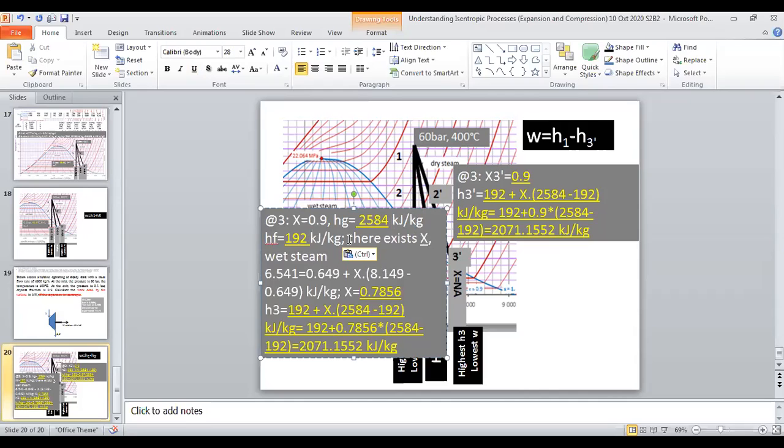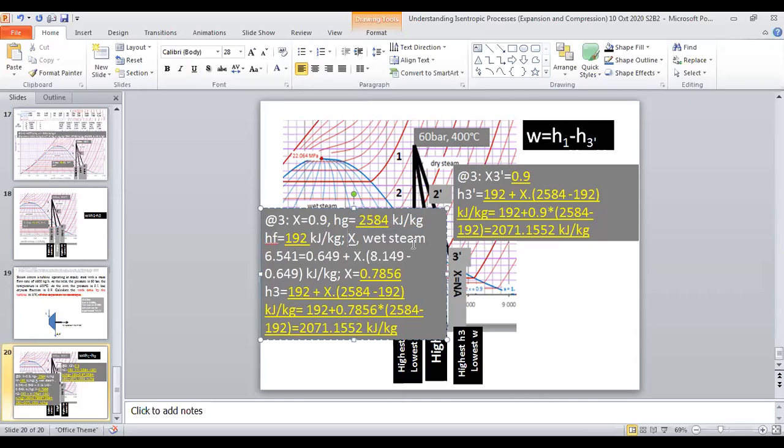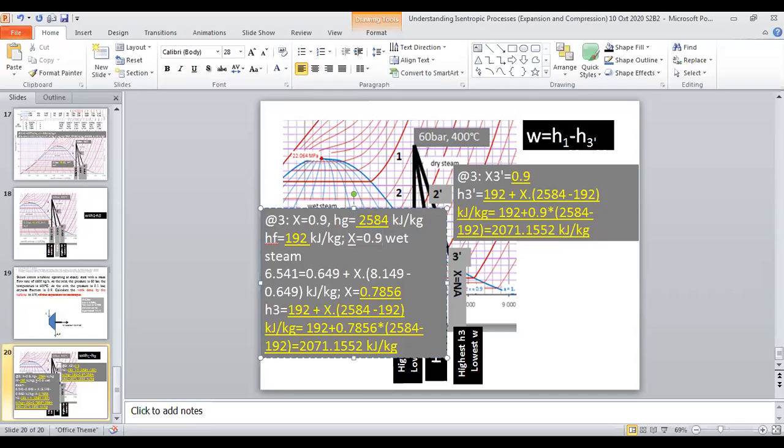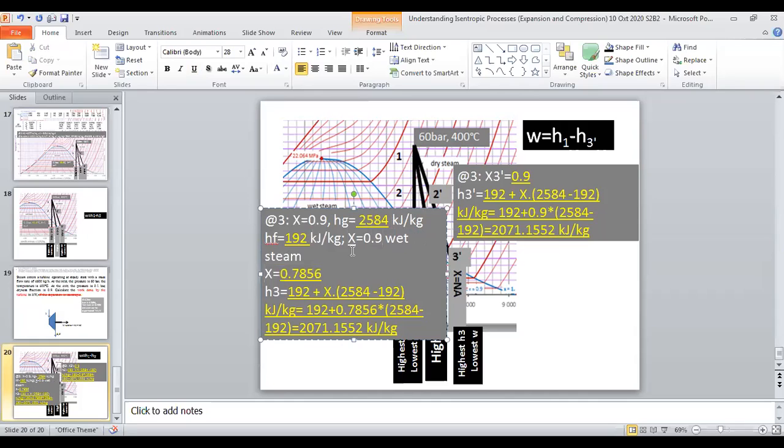With steam, you have the X value given. With steam, 0.9. So X is 0.9.